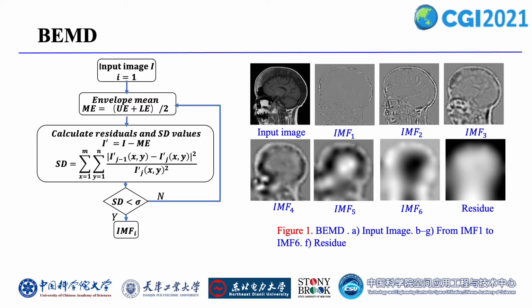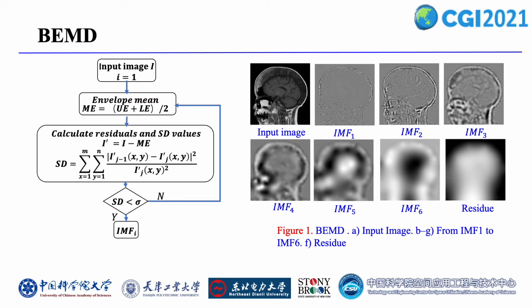Each IMF component represents an intrinsic mode function that exists in the original image. Usually, the leading IMFs contain the high-frequency details of the image, and the residue contains the low-frequency information of the image, reflecting the overview shape of the image.